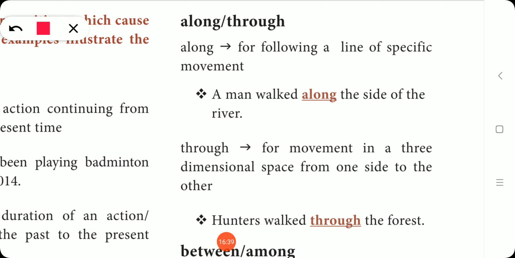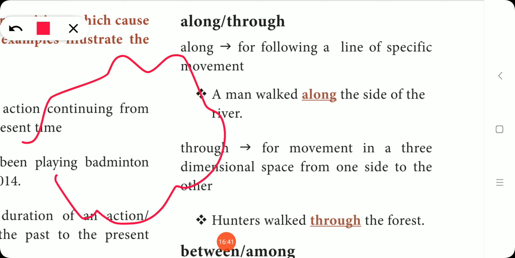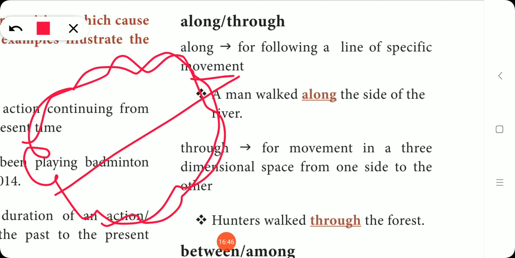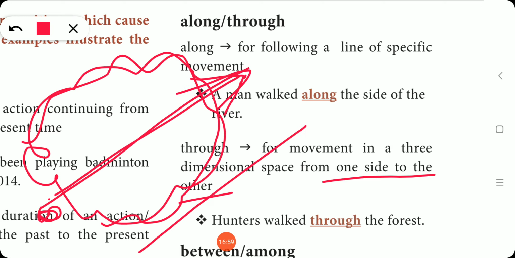Hunters walk through the forest. Imagine this is the forest area. So the hunters are walking through the forest, that is, from one side to the other. Suppose the arrow mark is here, we can say the hunters are walking along the forest. Here we have to say the hunters walked through the forest.